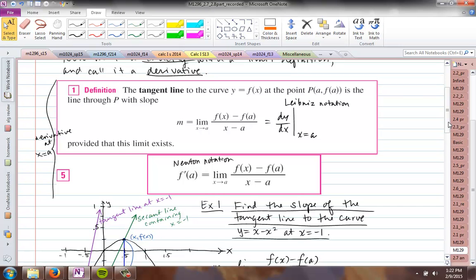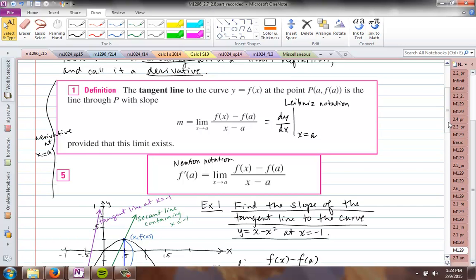Notice that we do have the slope equation, f of x minus f of a over x minus a, maybe in disguise a little bit here, but really we're just taking two y coordinates and subtracting them on top, over two x coordinates being subtracted on the bottom. So you can think of this as like a slope of a secant line that we found in 2.1.